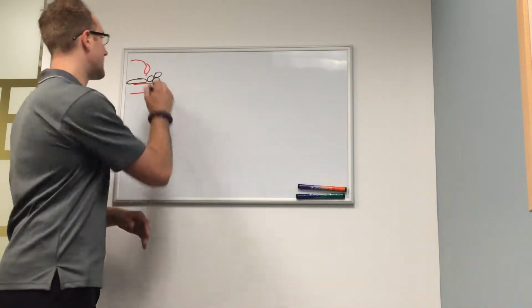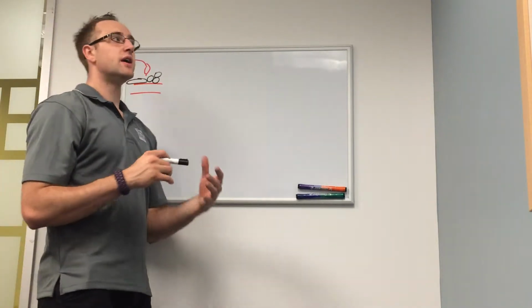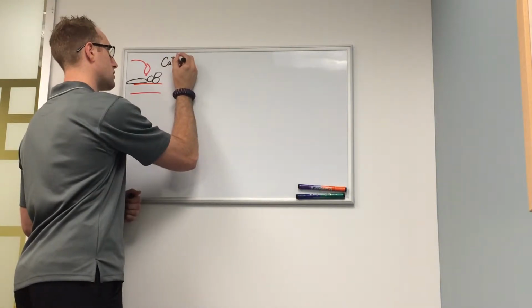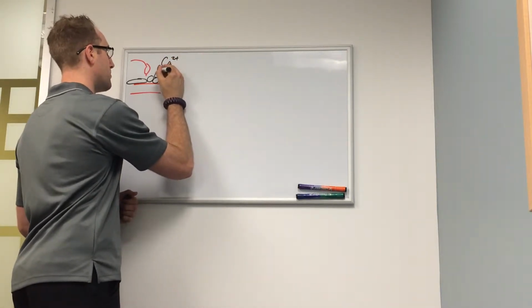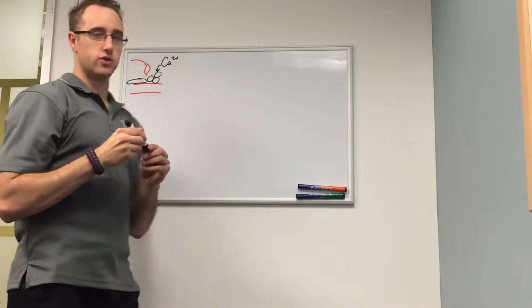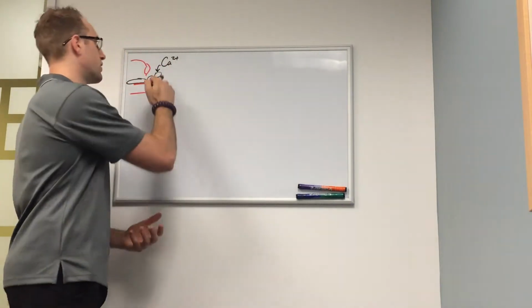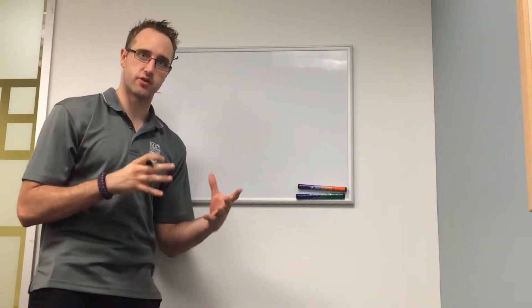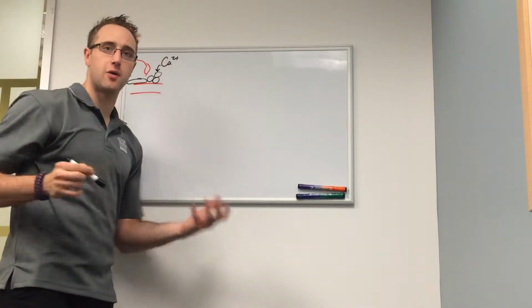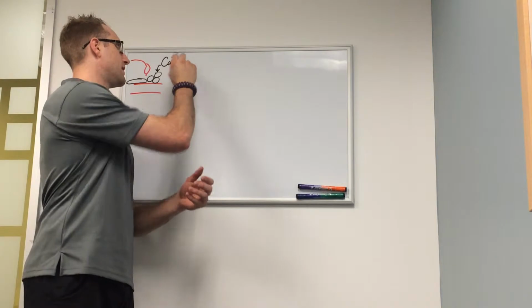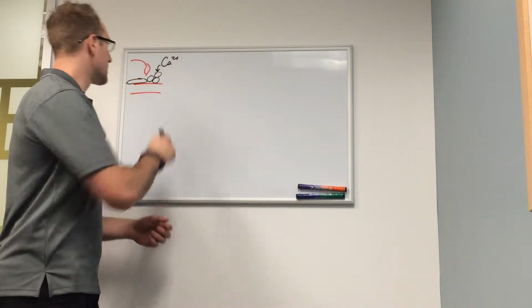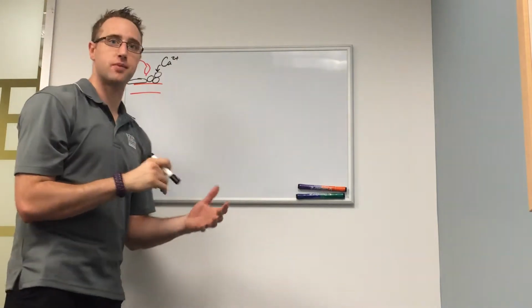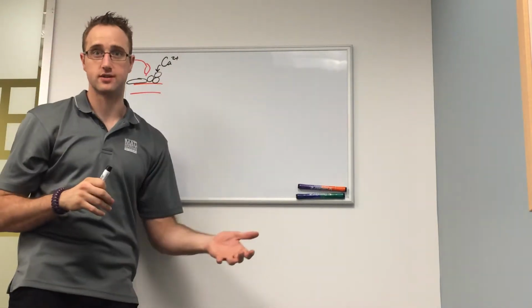Okay, the way to get this thing to move is when calcium enters the cell and it binds to troponin C. So if we call this one troponin C, it's going to change the charge distribution of this whole complex, okay? Calcium has 2+ charges. When it binds, it's going to change the charge distribution of this complex of proteins.